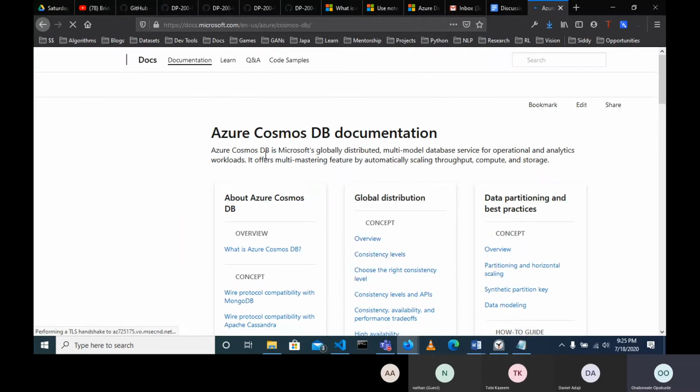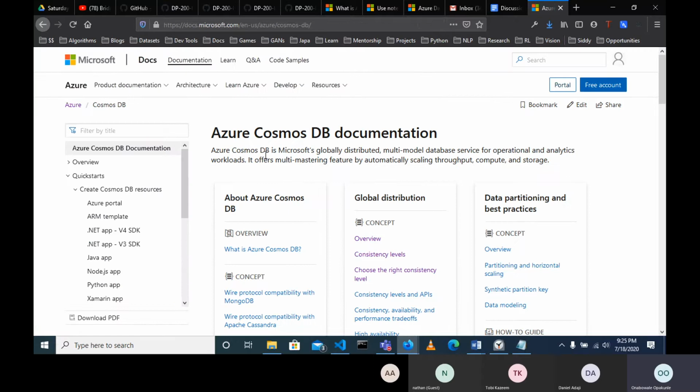Including table APIs, Cassandra, graph APIs. We are talking about Gremlin. One more. Cassandra, graph APIs, table APIs, and SQL. Yeah, how could I forget SQL? No, not SQL.